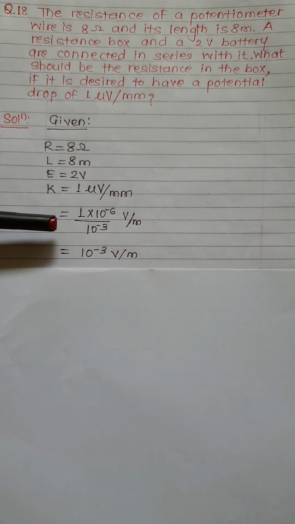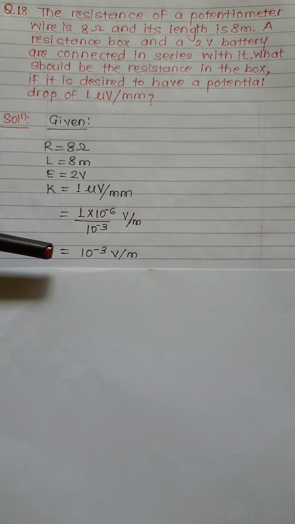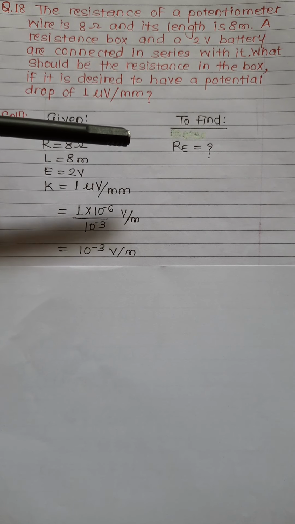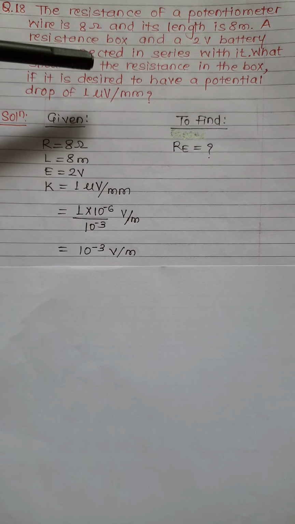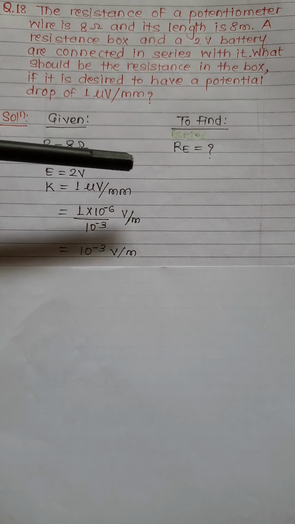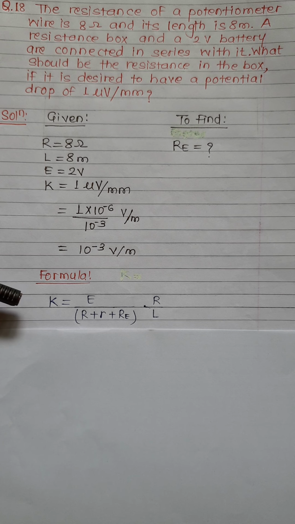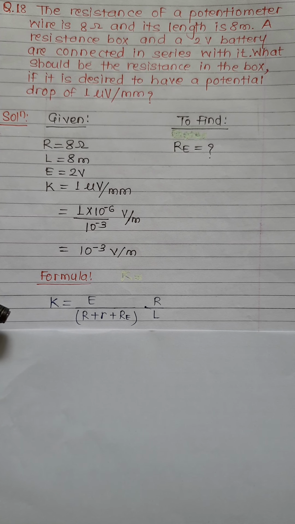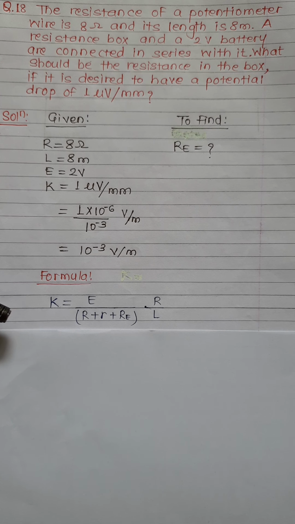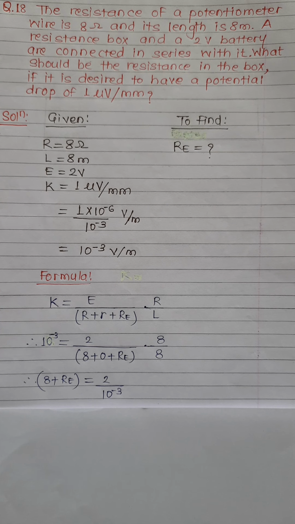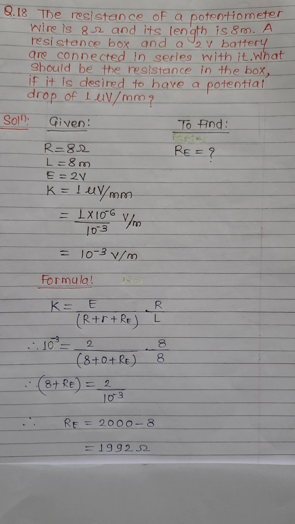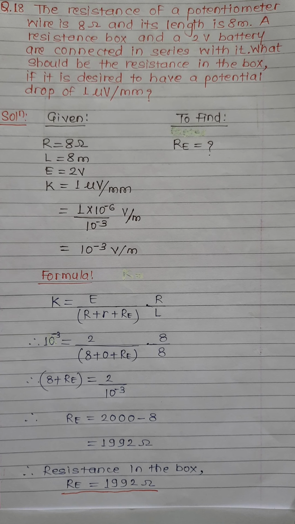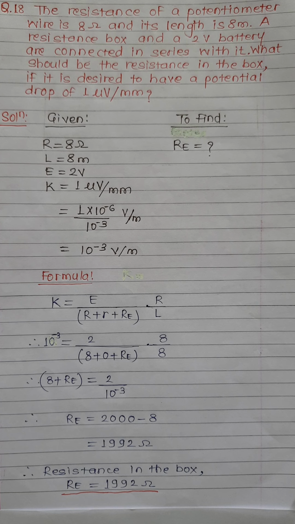Convert it into volt per meter. So it is equal to 10 raised to minus 3 volt per meter. To find the resistance in the box which is connected in series with the wire, that is R. Write down the formula we have seen in the previous lecture. Now substitute values and rearrange for R. Resistance in the box is 1992 ohm.